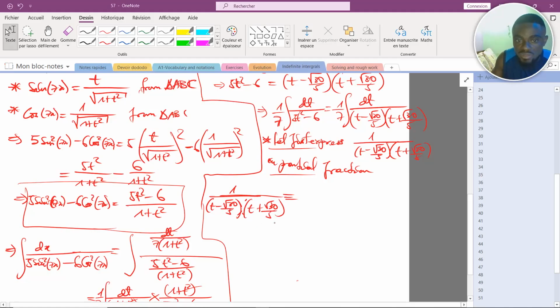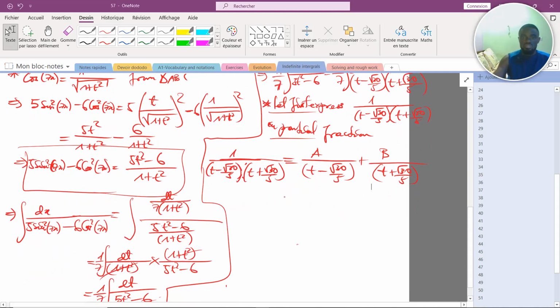These are linear factors. So it will become A on t minus root 30 on 5 plus B all over t plus root 30 on 5. Is that okay?